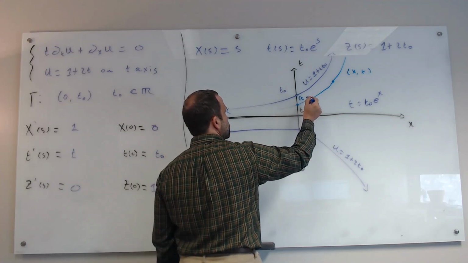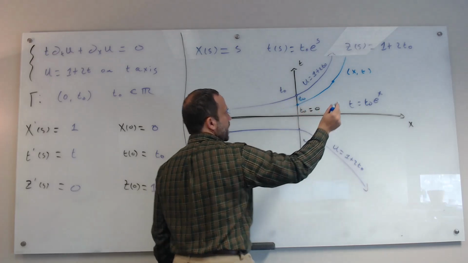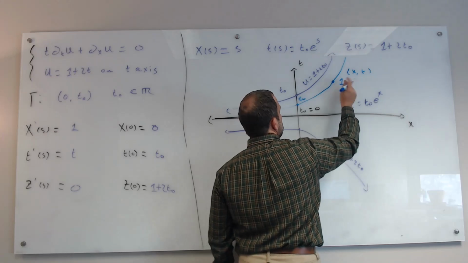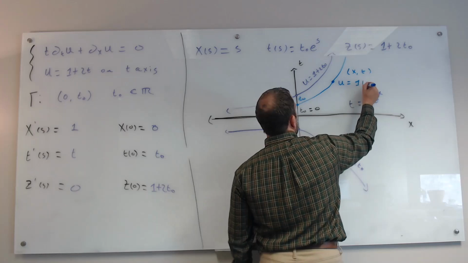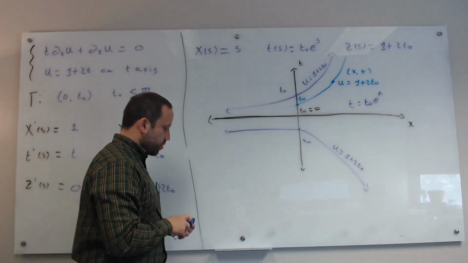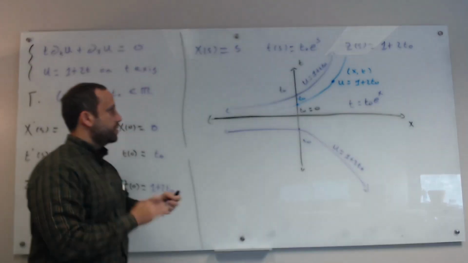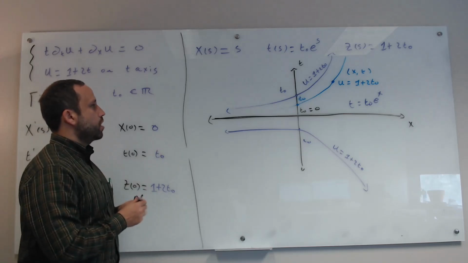This is going to be my t naught here. Okay, and so I know u at this generic point, x, t, is going to be 1 plus 2 t naught. Okay, so in other words, if I run this back to that point there, I want to figure out what that t naught is. Well, that's algebraically just a matter of solving the equations.